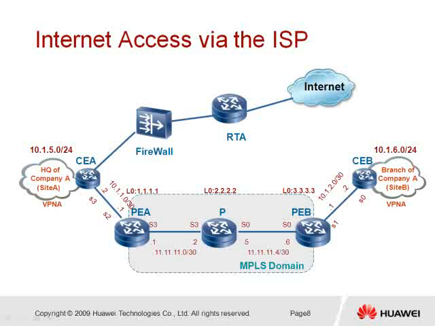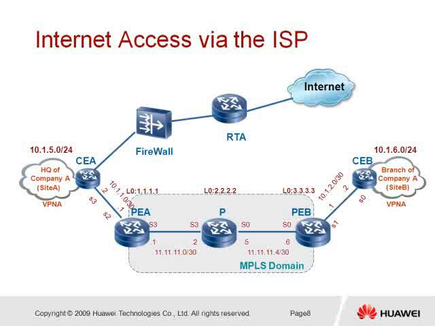Between CEA and PEA, and CEB and PEB, we use eBGP to distribute routes. On CEA, it is required to configure a default route to the firewall. And on the VPN instance VPN A in PEA, it also needs to configure a default route to CEA. This route in the VPN instance VPN A in PEA will be distributed to PEB through MP-IBGP.